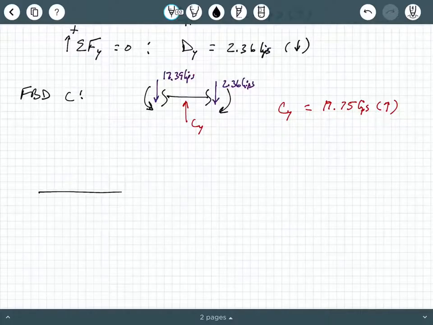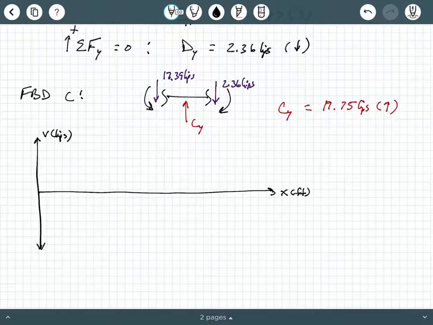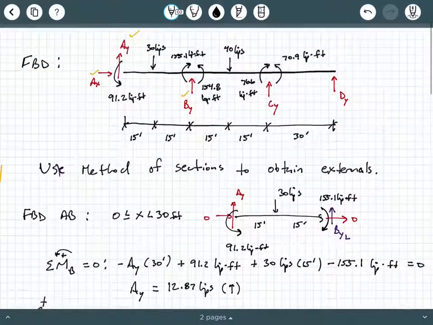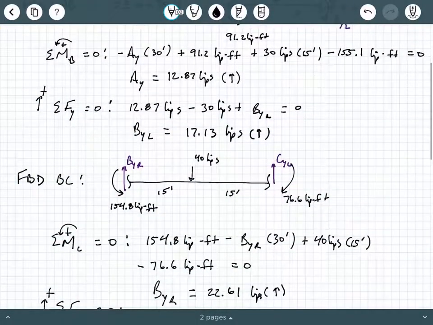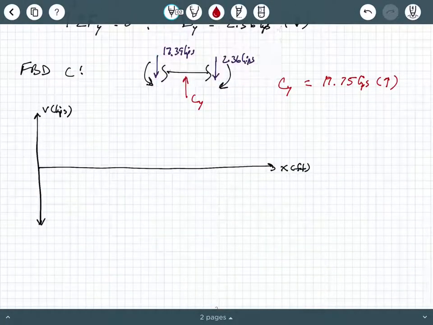So let's draw the shear diagram. We're going to expand this out. This is x in feet, and here is the shear in kips. So the first thing we hit is AY. We got 12.87 kips going up. We had a whole lot of nothing for 15 feet.